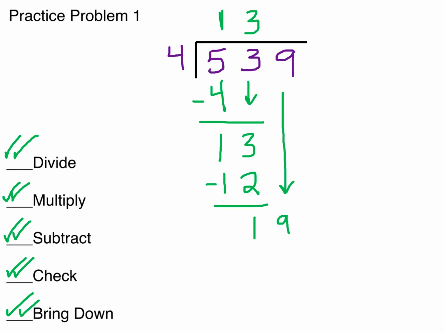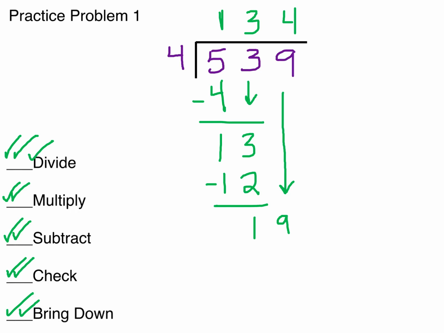So I'm going to divide 4 into 19, or how many 4s can I fit into 19 without going over? And I know that I can fit at least 4. 5 would be too many because that would be 20. So I know that there are at least 4. And I've divided a third time.